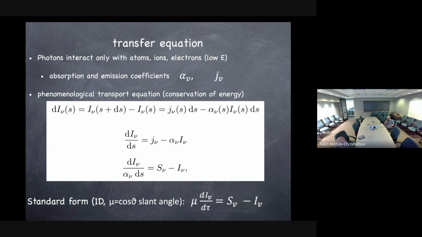So I have to integrate this over all positions in the atmosphere. And then if there's diffusion of photons in frequency, I've got to do it over all space. So this simple looking equation turns out to be a nasty integro-differential equation. This is an implicit function of the entire atmosphere in which we have I.